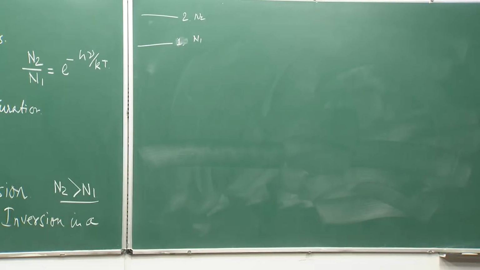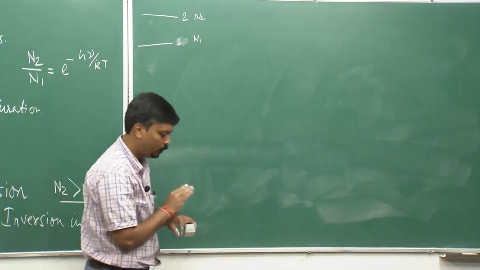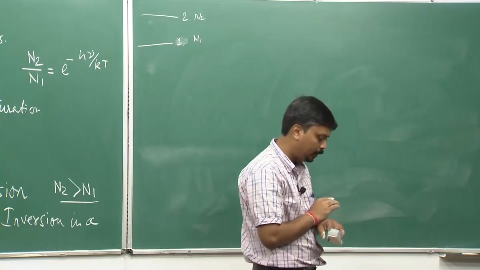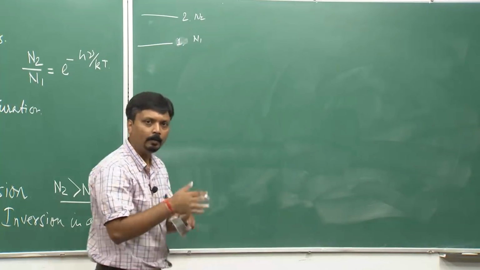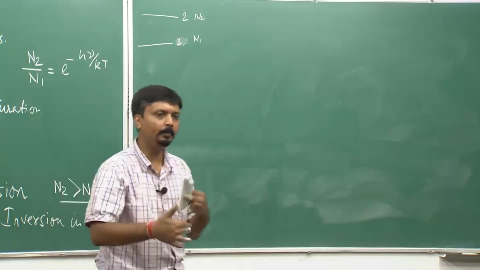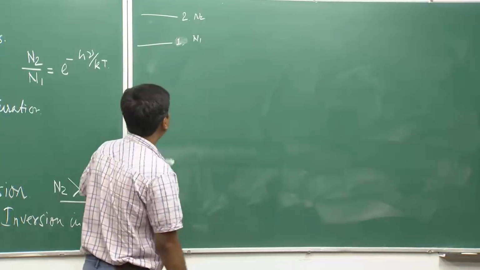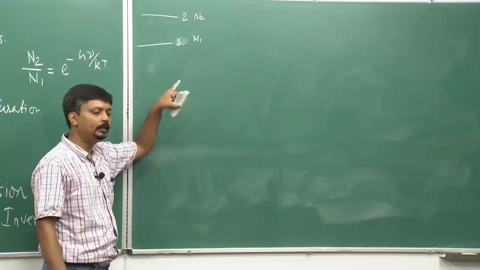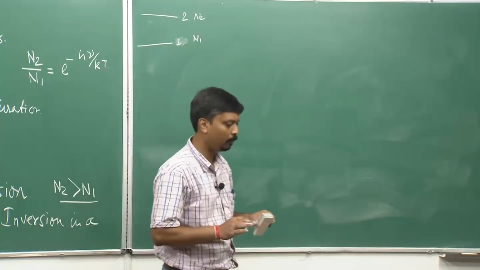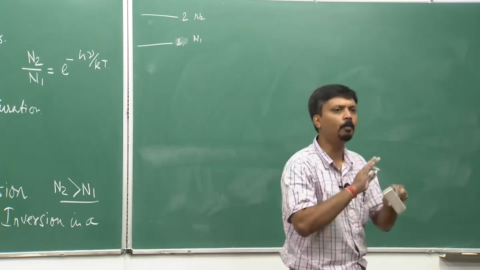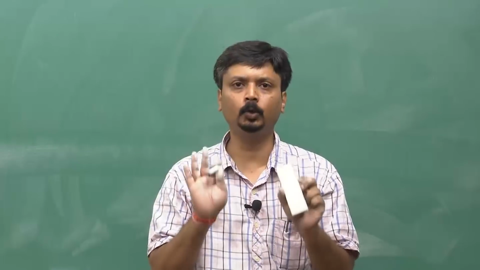Now, in order to answer this question, we will formulate it this way, because we are going to deal with the population of state 2, N2. We have to see how we can make N2 greater than N1, that is our aim. So, let us see the change in population of state 2.